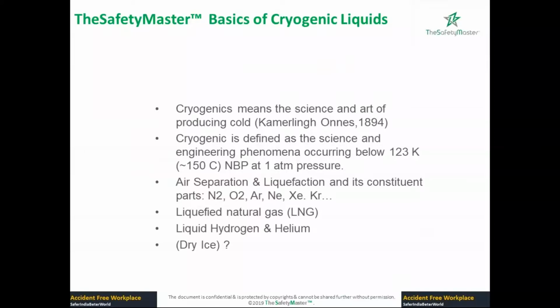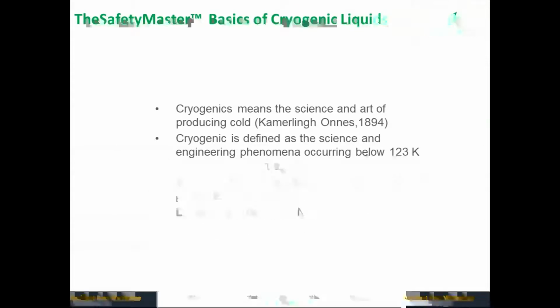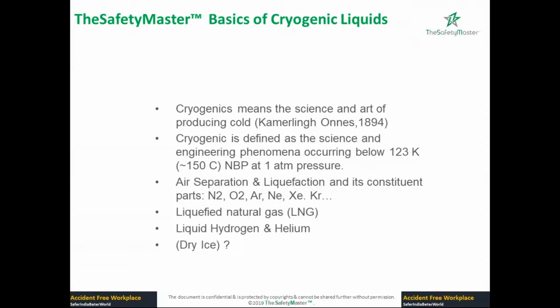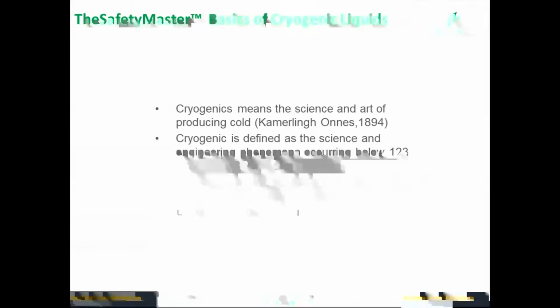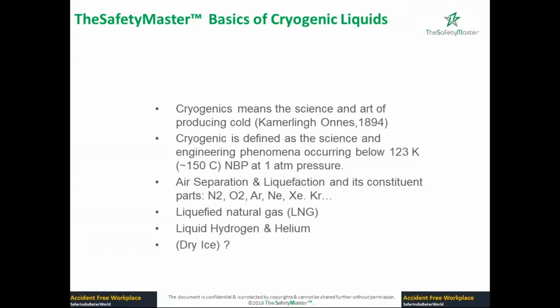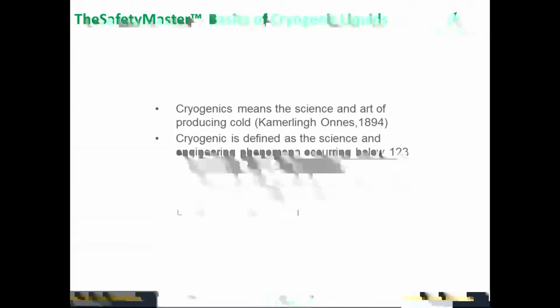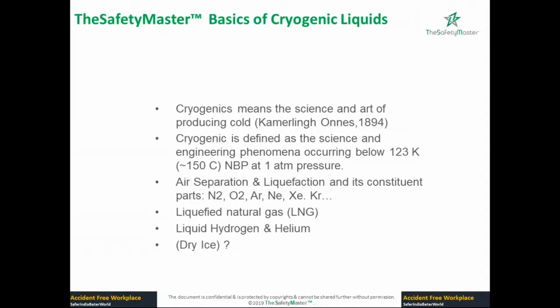So cryogenic is a Greek word. Cryo means very cold, and genic is the science. This word was coined by Kamerlingh Onnes in 1894. Kamerlingh Onnes is the inventor of the helium liquefier, and he's a Nobel laureate. There are many cryogenic histories that go back even beyond 1894.